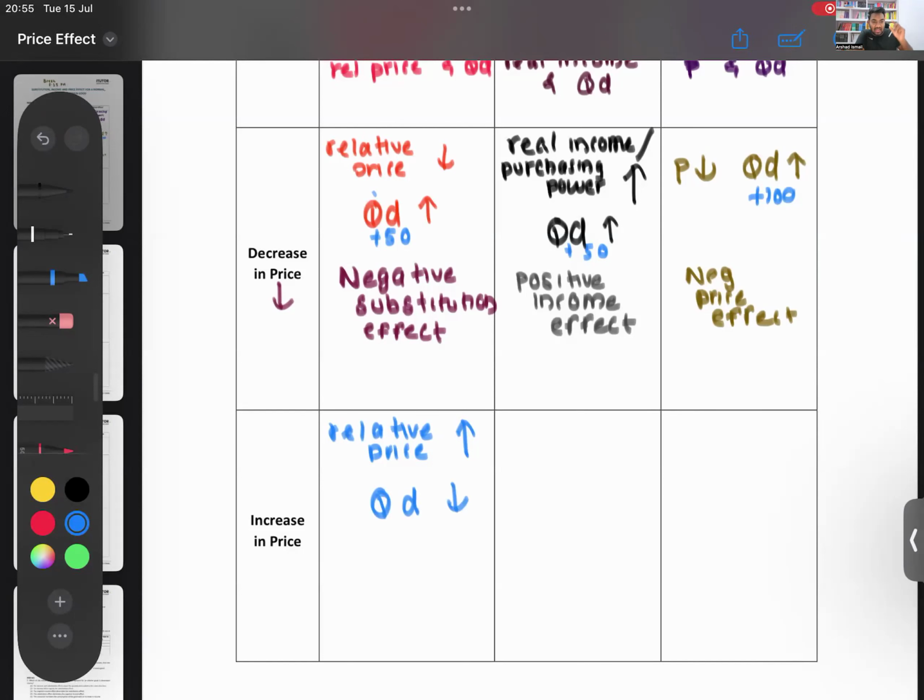So my relative price is increasing, quantity demand is decreasing. There is a what effect? Positive or negative substitution? Look at the relations. One variable is increasing, other variable is decreasing. So you have a negative substitution effect again. Negative substitution.